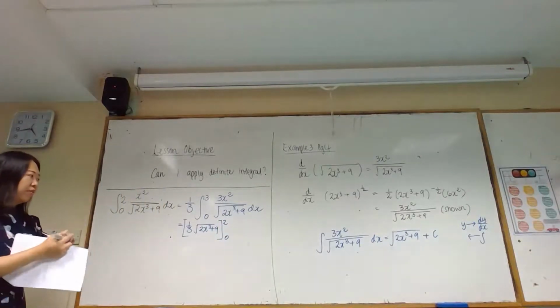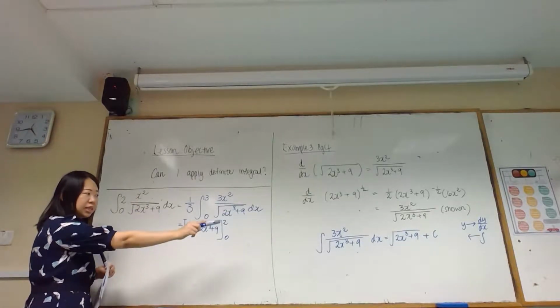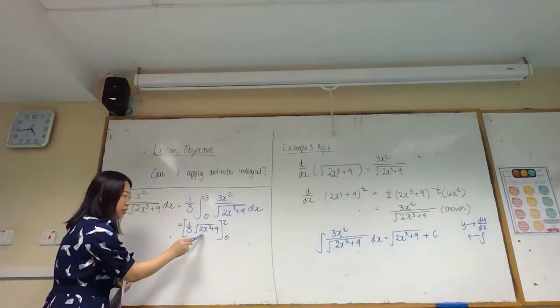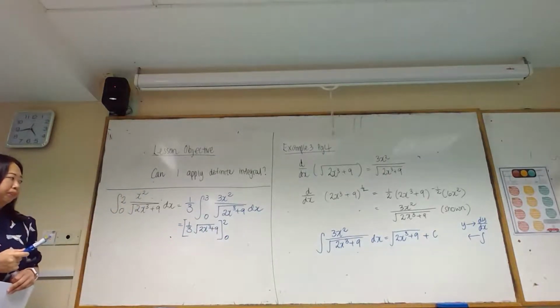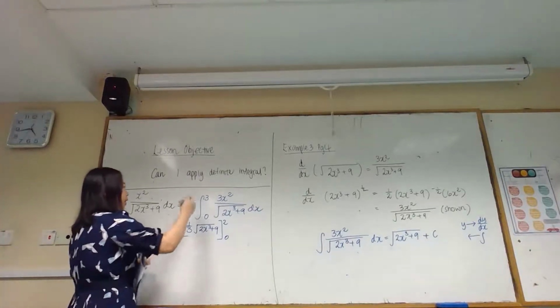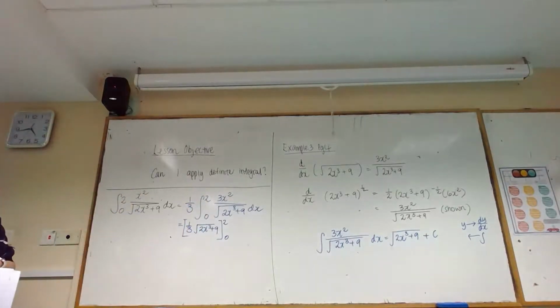So this is what we have learned before. If this is an indefinite integral, the answer is simply 1/3 root of 2x cubed plus 9, plus c. Okay, pump in the values. What is the value? Give it in exact form.